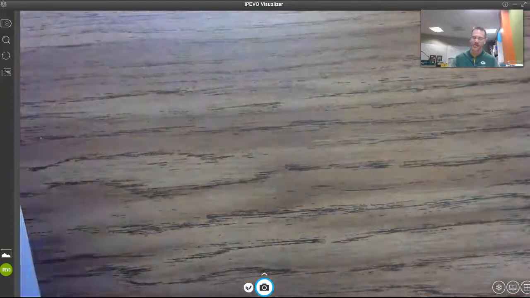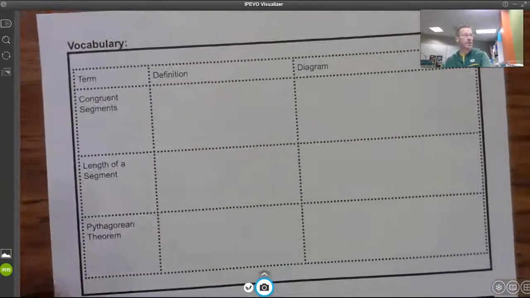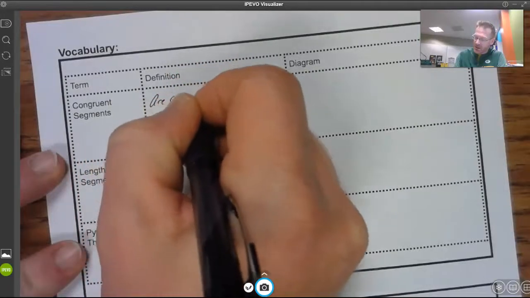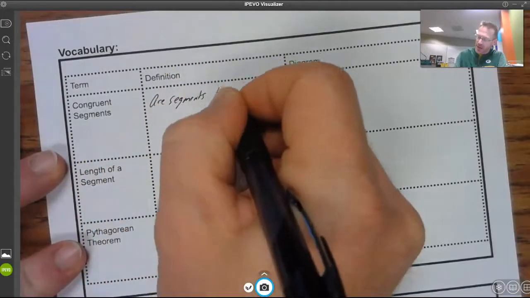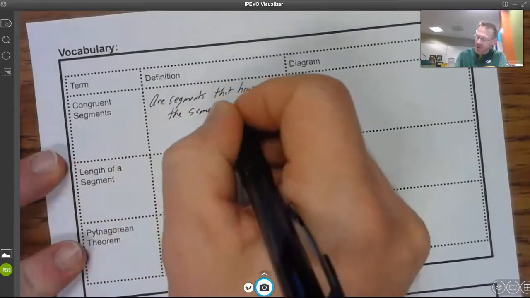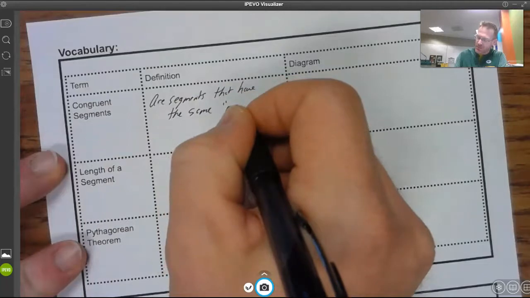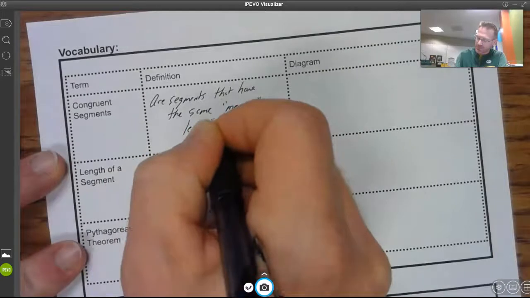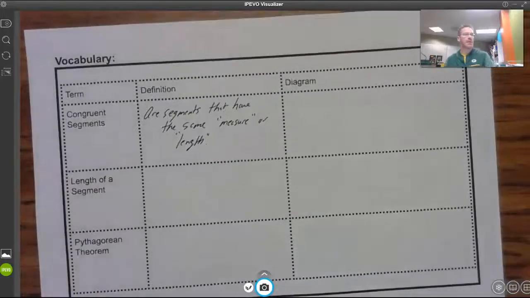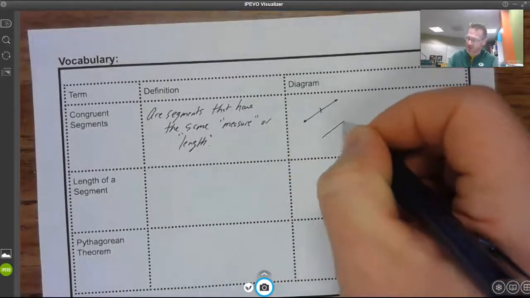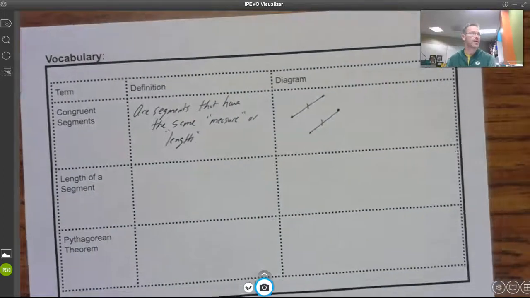So let's flip the page here. Congruent segments are segments that have the same measure, or length, if you will. And we saw what we just did here. You might have a segment, and we know that's congruent.